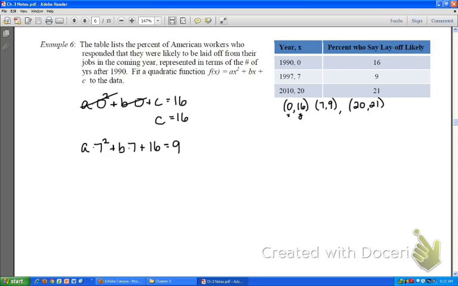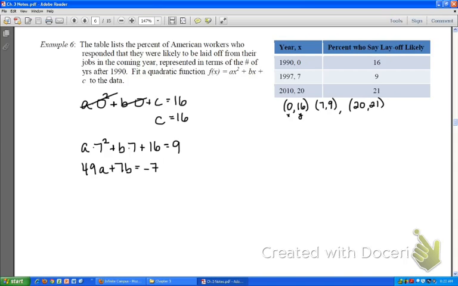So 7 squared is 49, so I get 49a plus 7b, and then if I subtract the 16 over, I get 9 minus 16 is negative 7. Very good. And I've got one more equation to write.